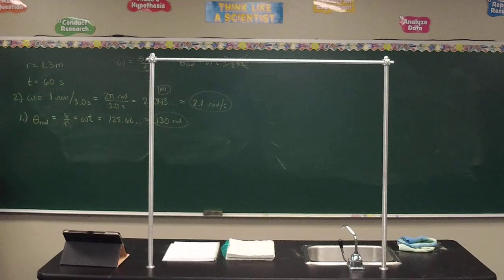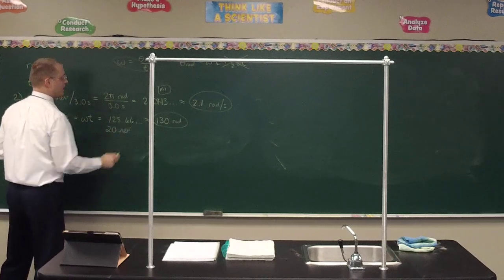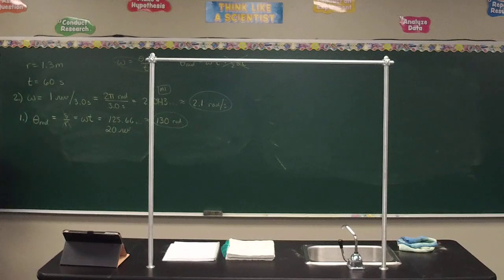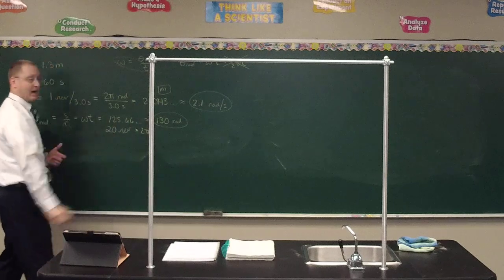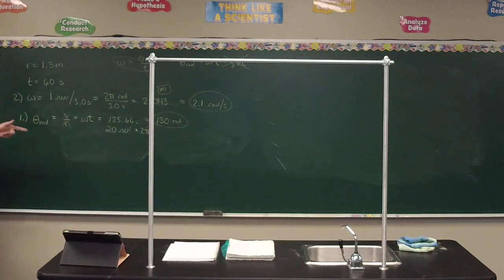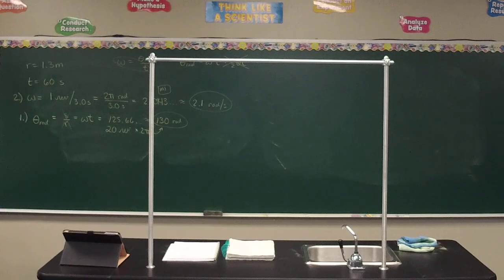Be very dizzy. 20 revolutions. And then all I'd have to do is multiply it by 2 pi, because every revolution is 2 pi. That would also get us to 130 rounded, 125.66. So any of those ways would work.